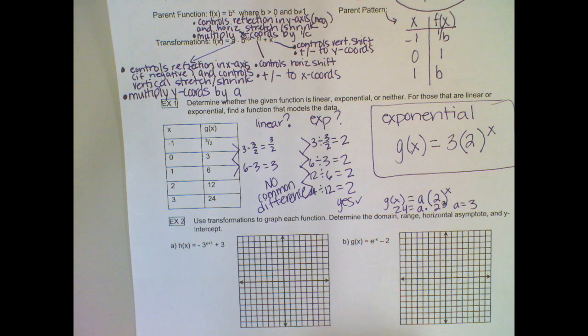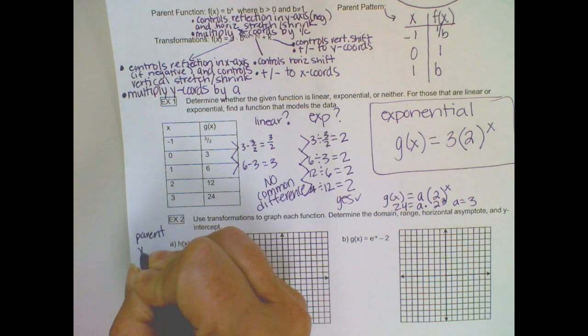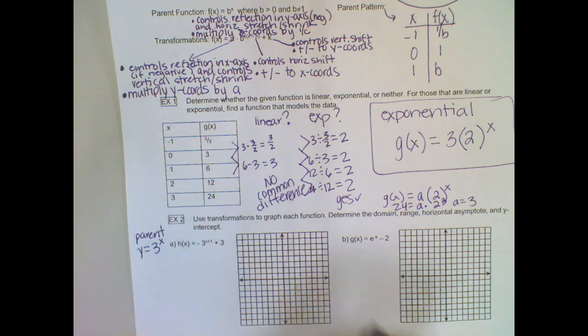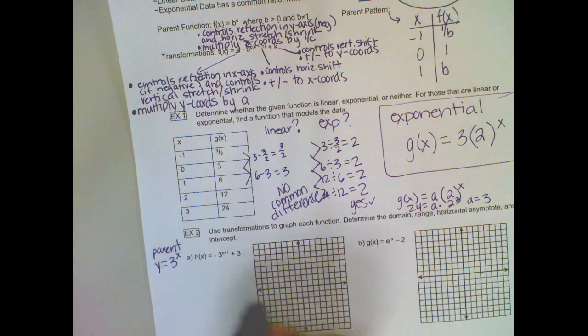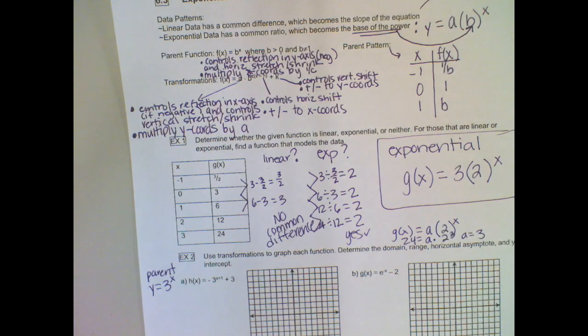All right, so in this case, our base, our b value, is 3. So that means that the parent in this case is this guy. I am going to write it in ordered pair form as opposed to in a chart because it's easier to apply the transformations.